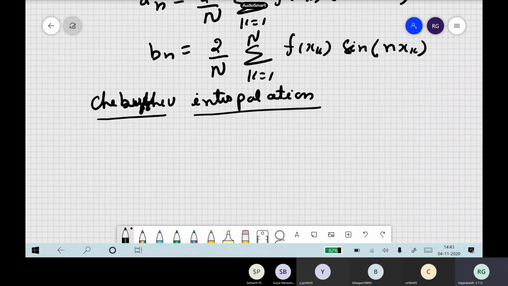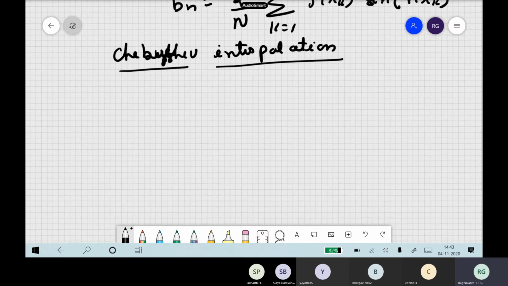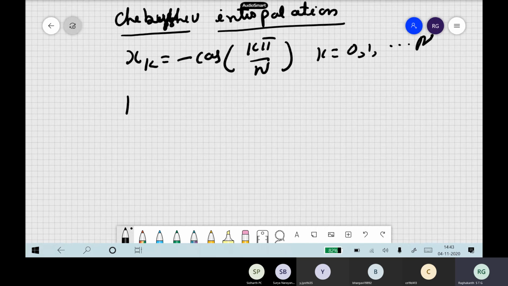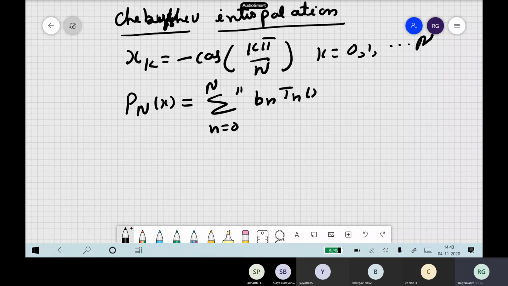So our collocation points will not be the same; we will go for unequal spacing. You followed, right? This type of spacing, with k equal to 0, 1, and so on. Now this is our Chebyshev interpolating polynomial. So we write the sum from n equal to 0 to n, of b_n into T_n of x.